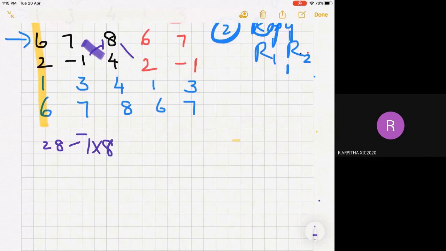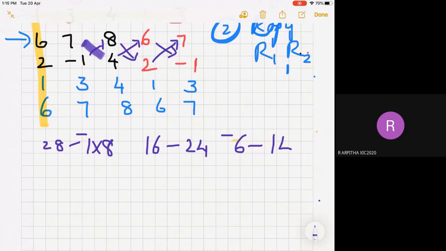Next, 8 into 2, 16, minus 4 into 6, that is 24. Next, 6 into minus 1, minus 6, minus 2 into 7, that is 14. Okay, that's the first row cofactors we got.